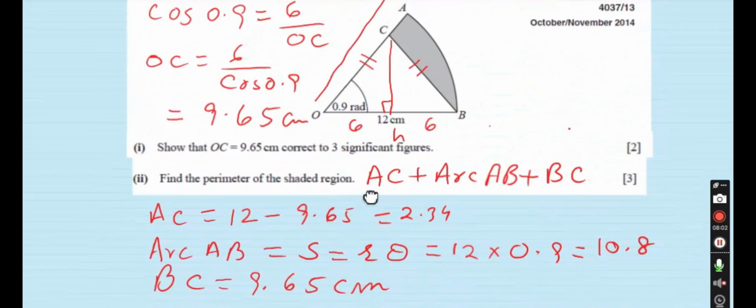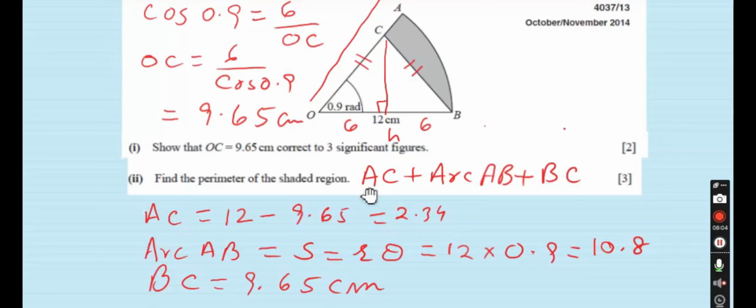Now find the area of the unshaded region, that is the area of triangle OCB. The side OB is 12 and the side OC is 9.65.